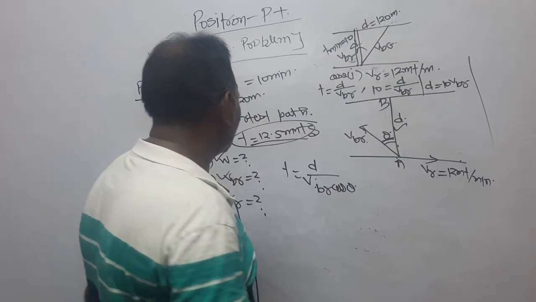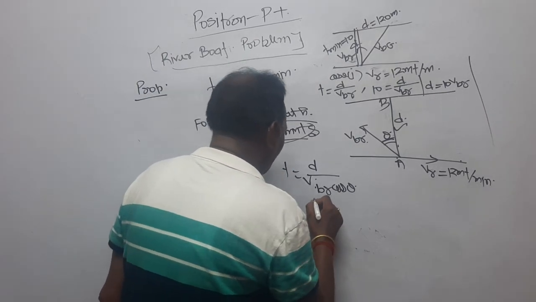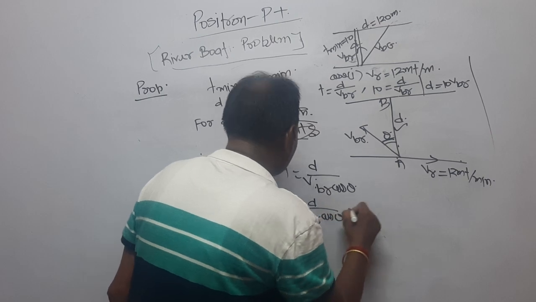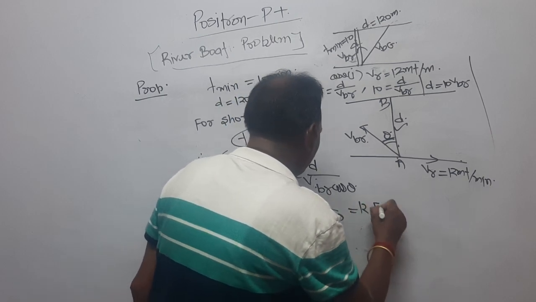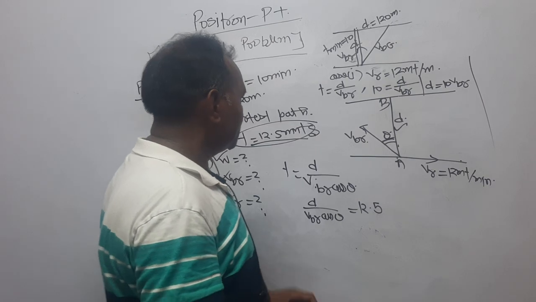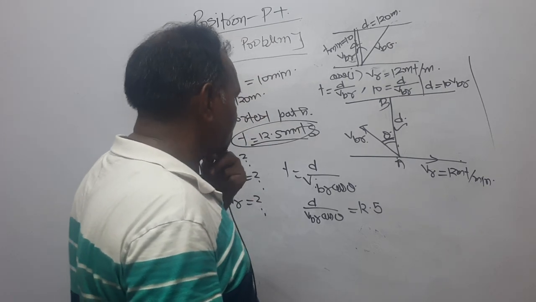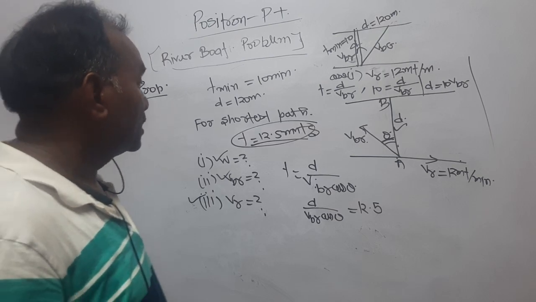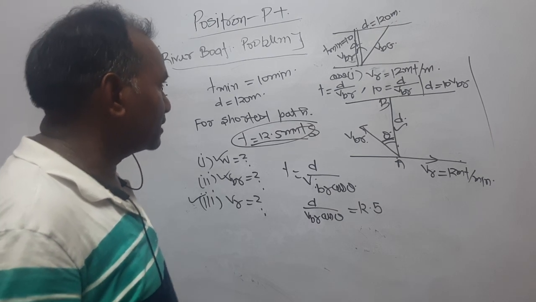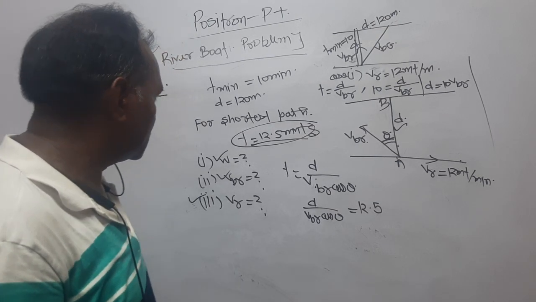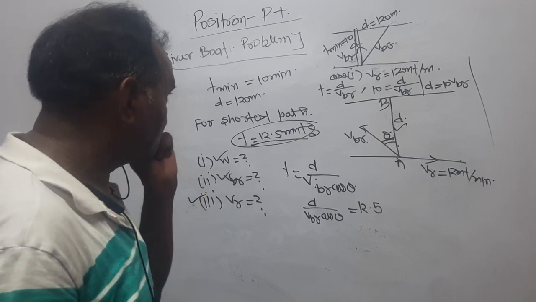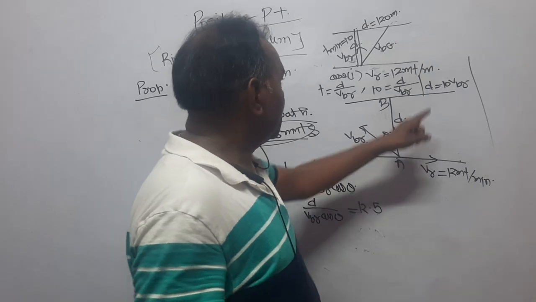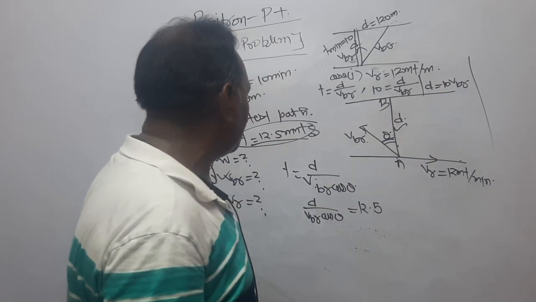Now look here, this time is given, dear student: D upon VBR cos theta is equal to 12.5, right? Now we can apply the condition that D is equal to 10 VBR.